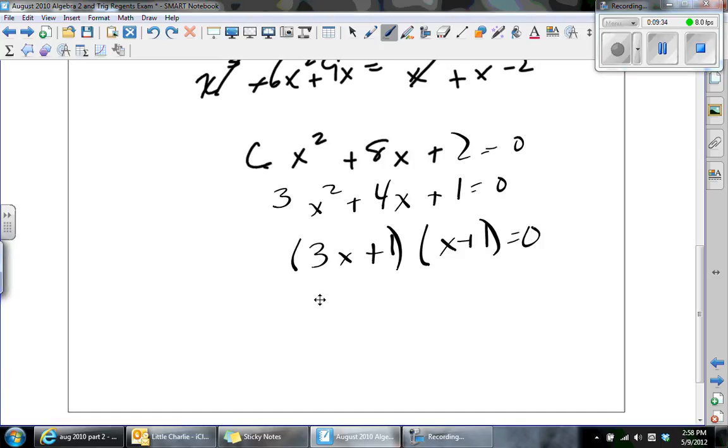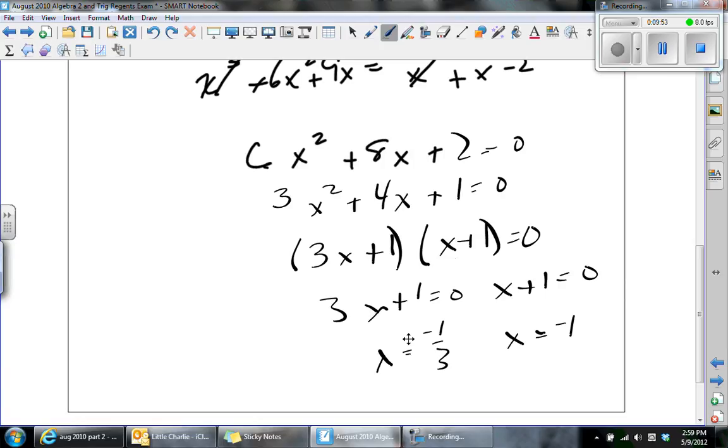Solve: 3x plus 1 equals 0, and x plus 1 equals 0. x equals negative 1/3, and x equals negative 1. Good. Check them both in the equations, and in this case they both work. Good. We're done.